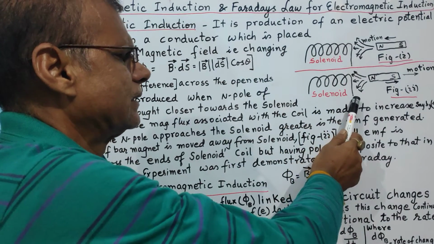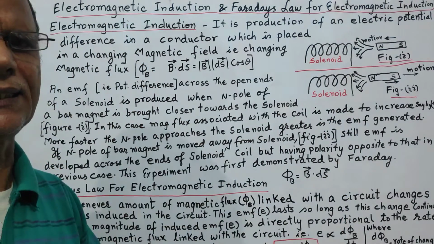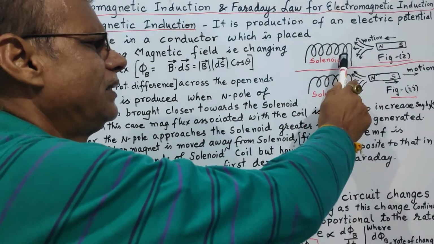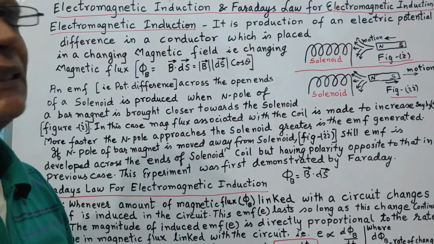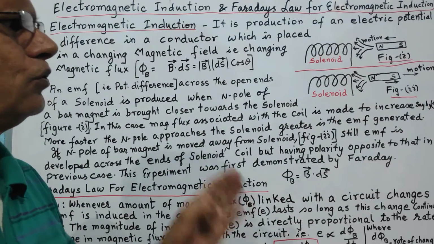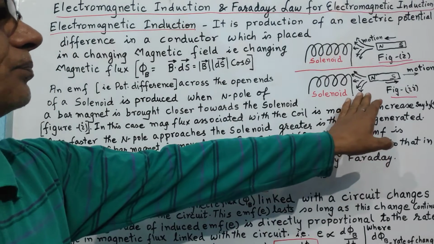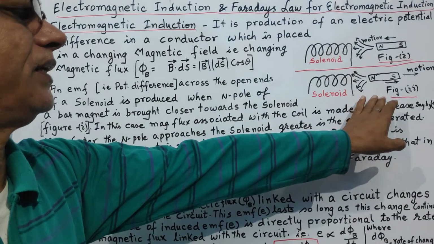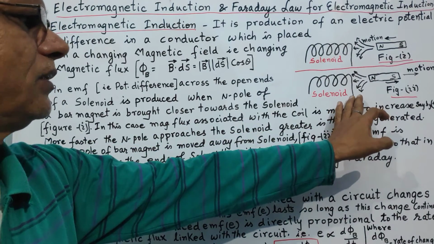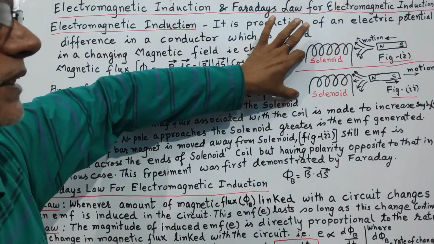So in this case the magnetic flux is decreasing, while in the first case, figure 1, the magnetic field lines associated with the solenoid increase. So the EMF induced in the first case will be reverse in sense with respect to figure 2, in which EMF is also induced, but both EMFs are in reverse sense.